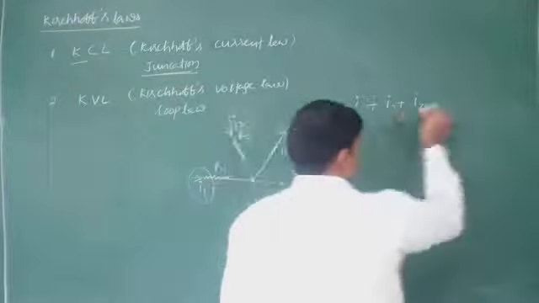I am taking this potential as 100 volts. Positive one is at 100 volts and negative one is at 0 volts. The potential difference is 100 volts only. Or maybe this is 200 volts and this is 100 volts. In that situation also the potential difference is the same 100 volts only.